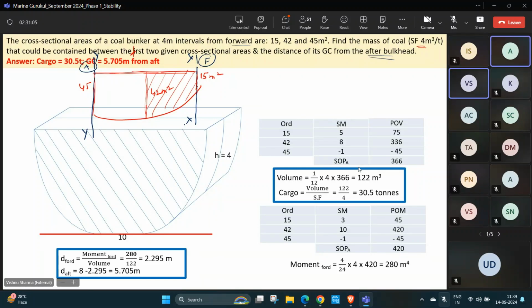So I'll get dXX first, and then I'll subtract it from the length to give dYY. Correct? For 3 10 minus 1, my multipliers will be 5, 8 minus 1. This will give us volume. Then 3 10 minus 1 will give us the moment. You can see the calculation here and let me know if there is any concern.